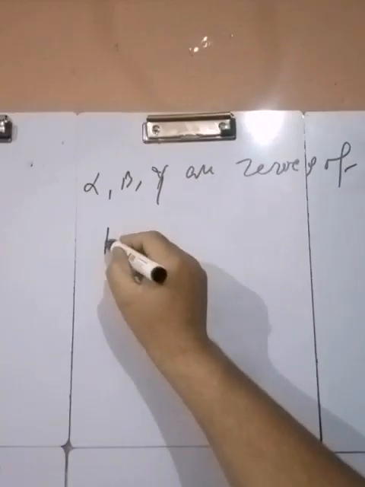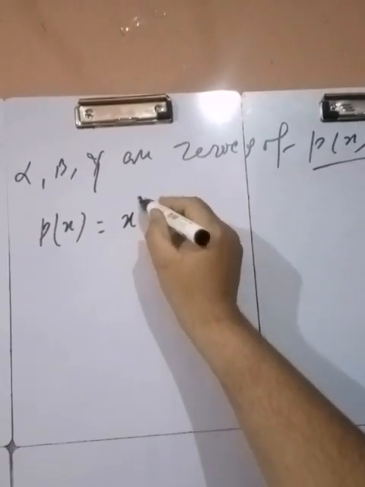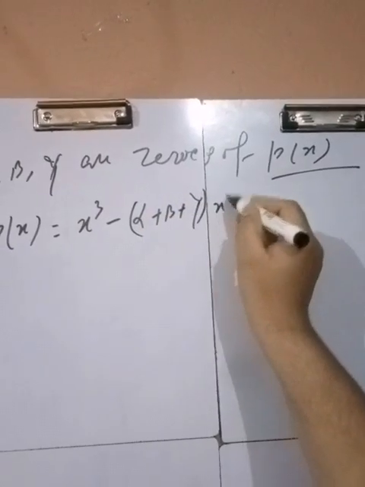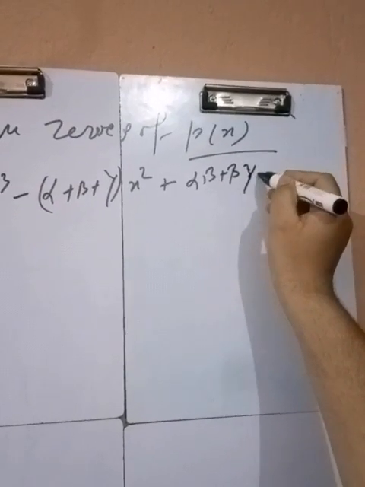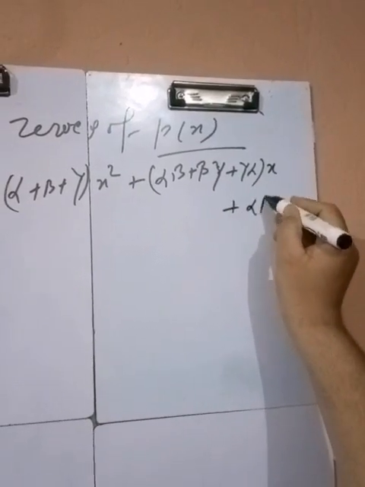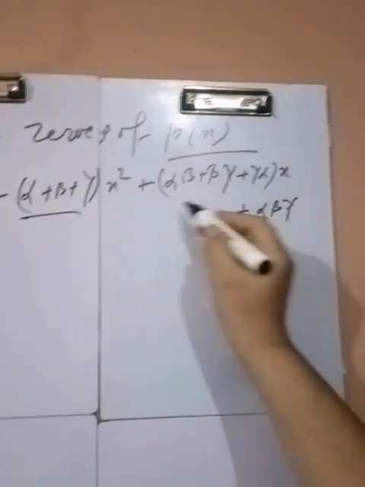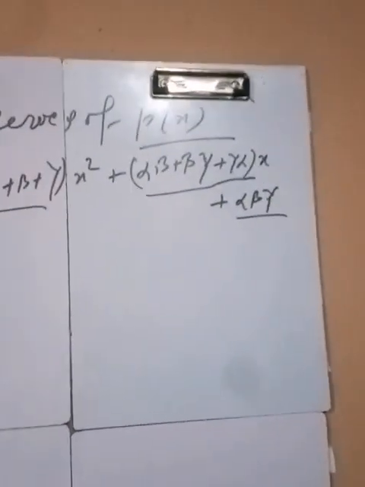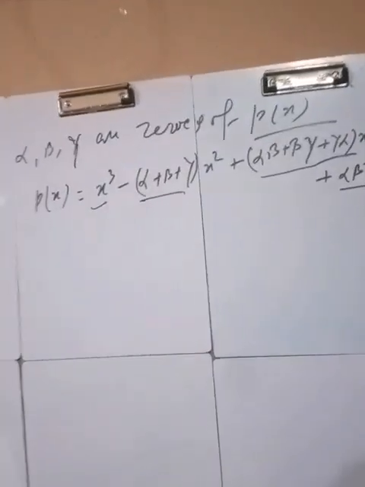In this situation my formula will be p(x) is equal to x cube minus (alpha plus beta plus gamma) x square plus (alpha beta plus beta gamma plus gamma alpha) x minus alpha beta gamma, the product of zeros. Here we have x cube, the sum of the zeros, the sum of the product of zeros taking two at a time, and the product of zeros. So this was the formula for finding a polynomial if zeros are given.